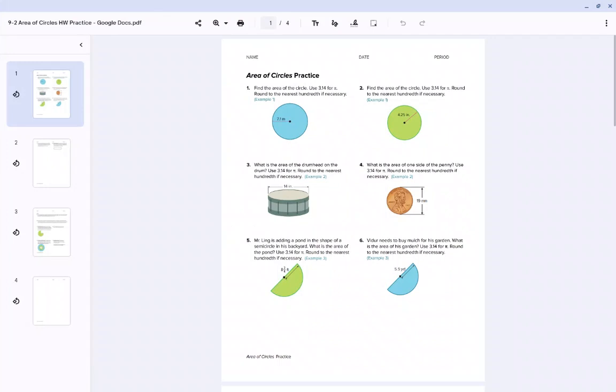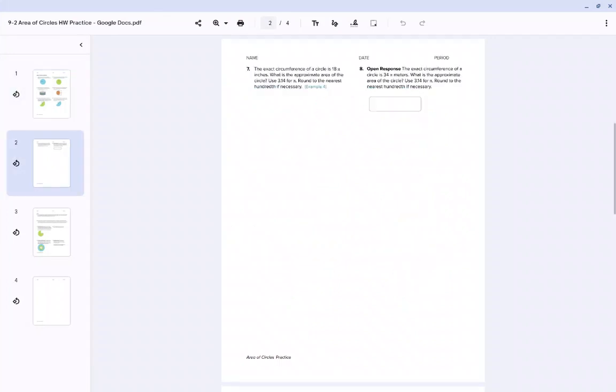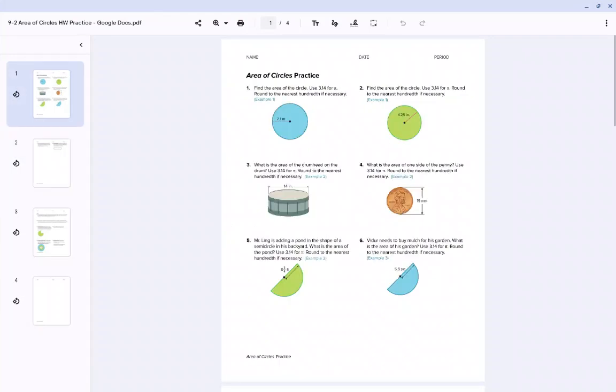So find the area of the circle. So our formula, remember, is area is equal to pi radius squared. So our line goes from the center to the outside, which means it's a radius.